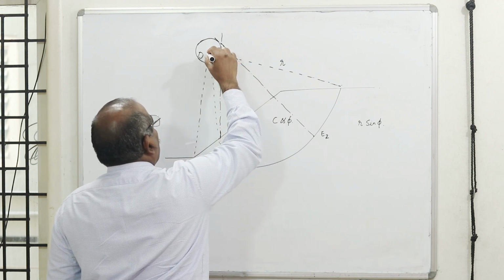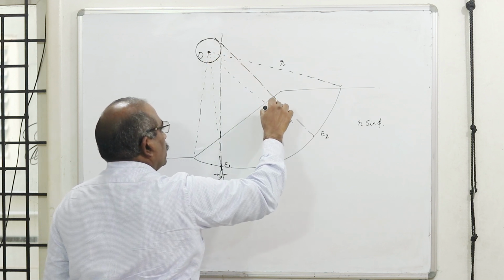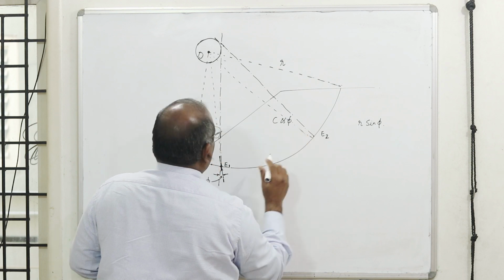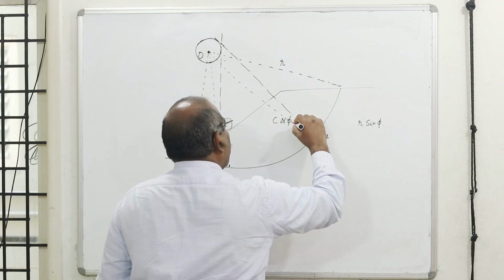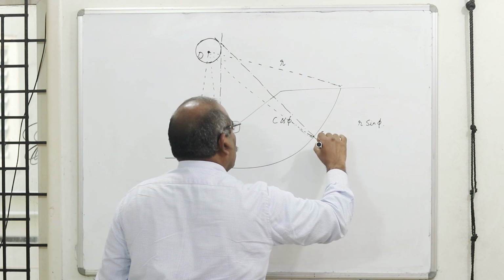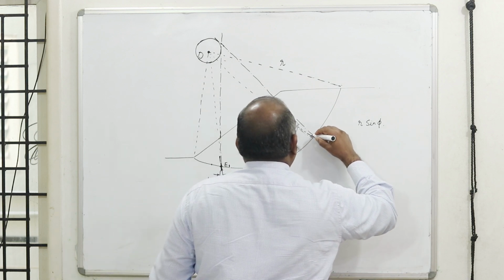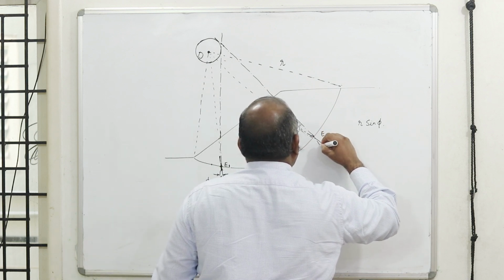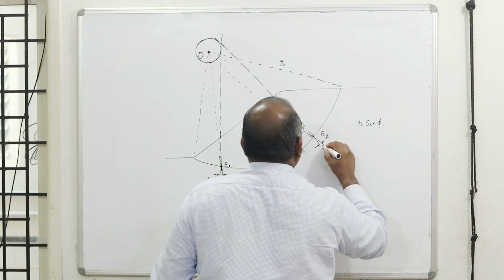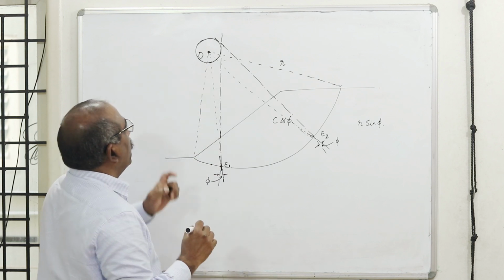Similarly, if I draw a radial line passing through the center of the slip circle, this will be the normal, and if I extend this line, the inclination is going to be phi, wherever I draw a tangential line.